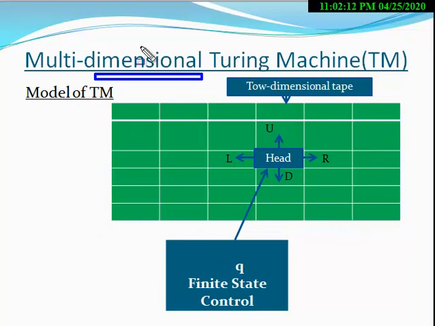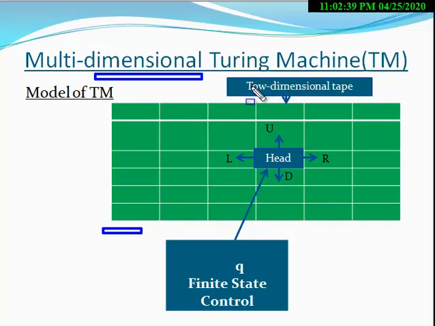So here we have shown a model of a Turing machine for this type, where we have used a two-dimensional tape. If the tape is two-dimensional, then the number of directions in which the head of the machine can move will be 4.